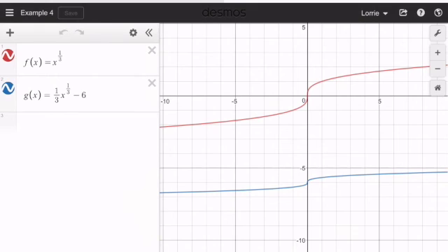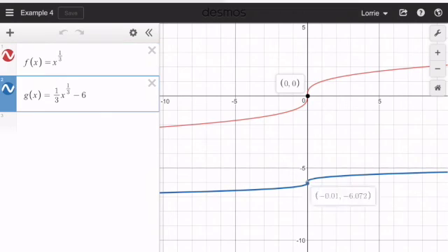And so that has changed by a factor of a vertical shrink by 1/3. And you can see that our starting point, or our center point in this case, has moved from 0, 0 down to 0, negative 6, just as we expected, a translation down by 6. All right, so let's graph that and talk about domain and range.